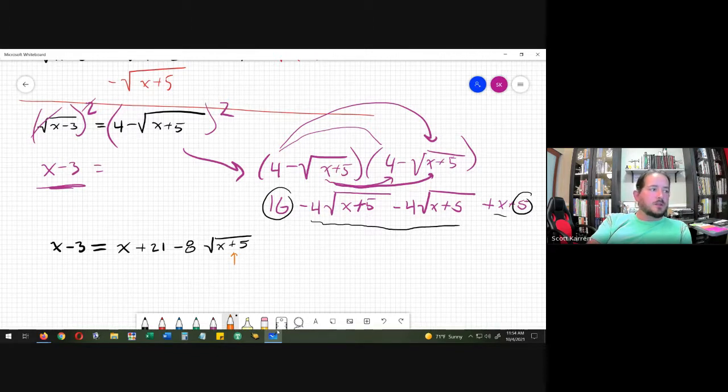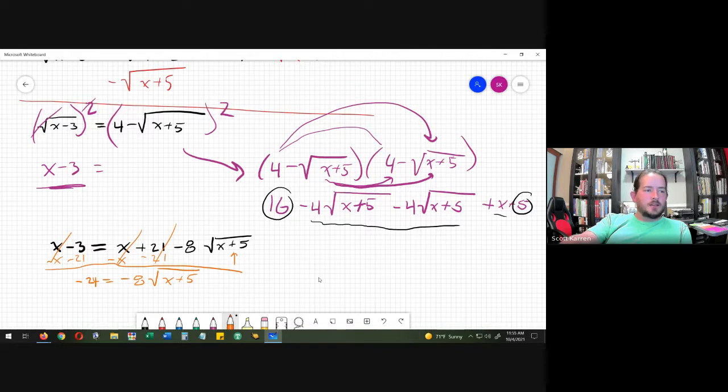So I will. I'll subtract x from both sides. That's gone. That's gone. 21. I'm going to subtract the 21 to the other side. So that's gone. So we get negative 24 equals negative 8 root x plus 5.